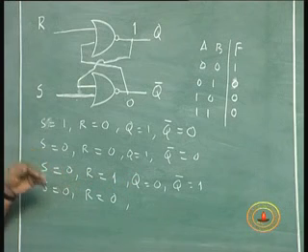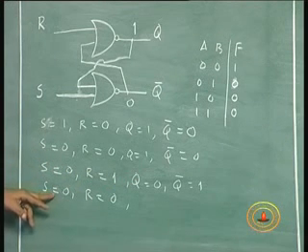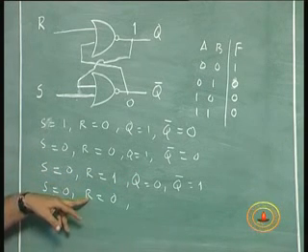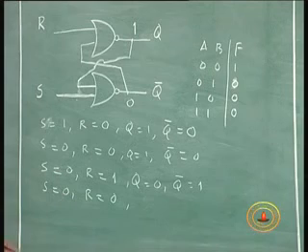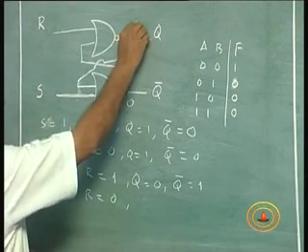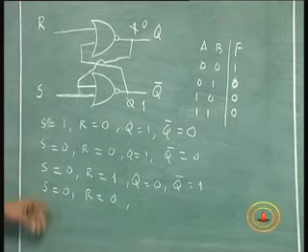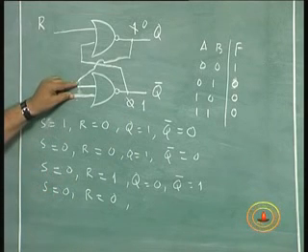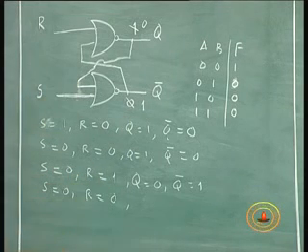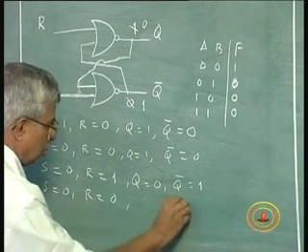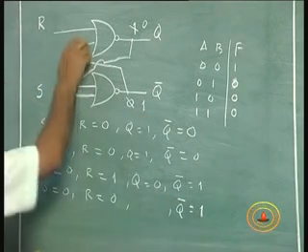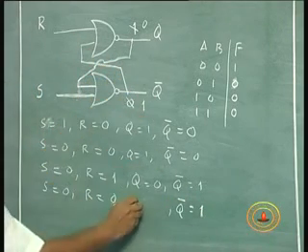After that, I am one more time making s is equal to 0, r is equal to 0. When I do that, what happens? Now this was 0, now this is 1. So 0, 0 continues to be 1, and 1, 0 continues to be 0.